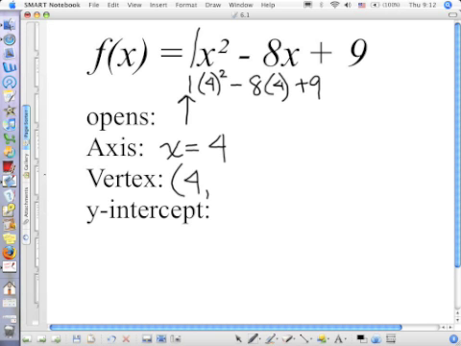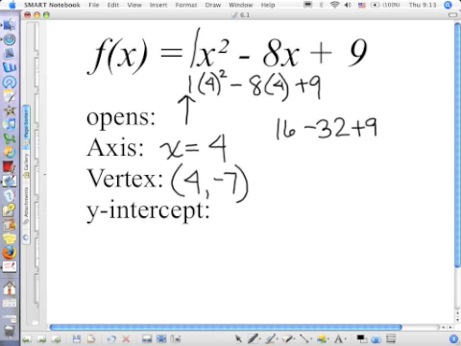That's 16 minus 32 plus 9. What's 16 minus 32? It's negative 7. 16 minus 32 is negative 16, and negative 16 plus 9 is negative 7.